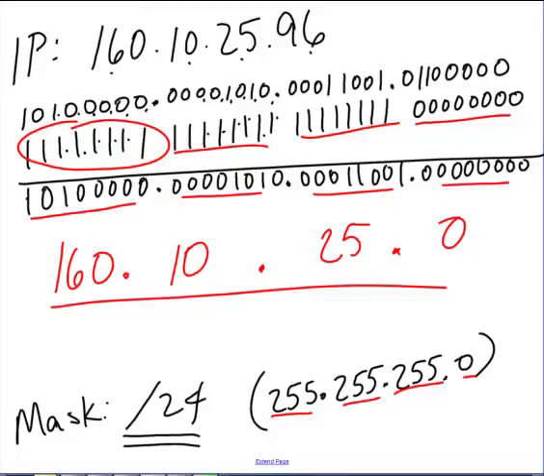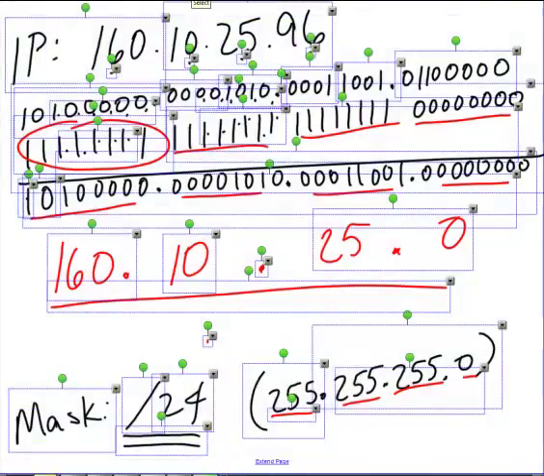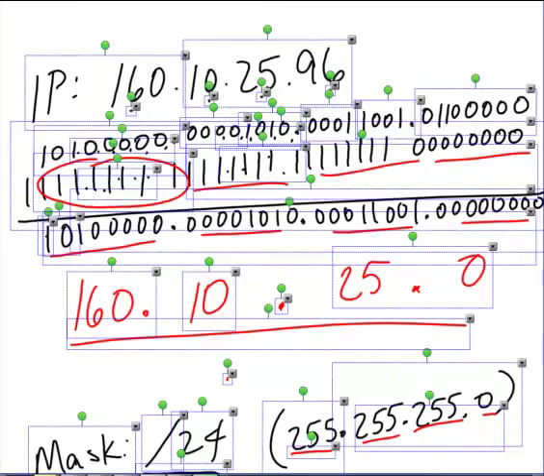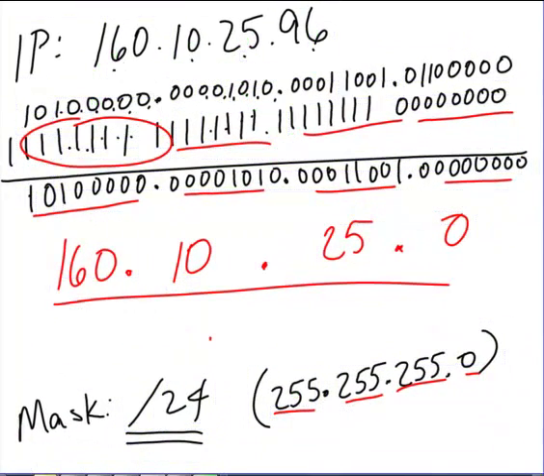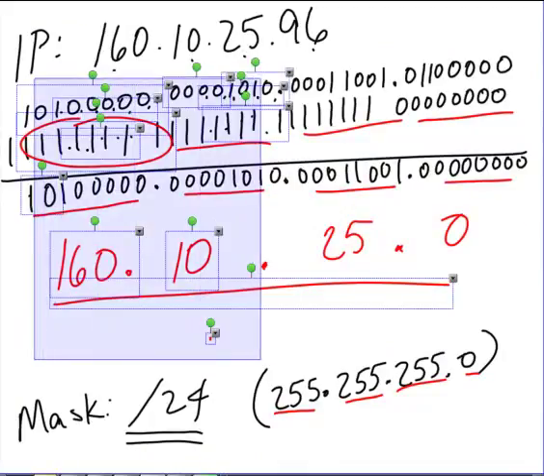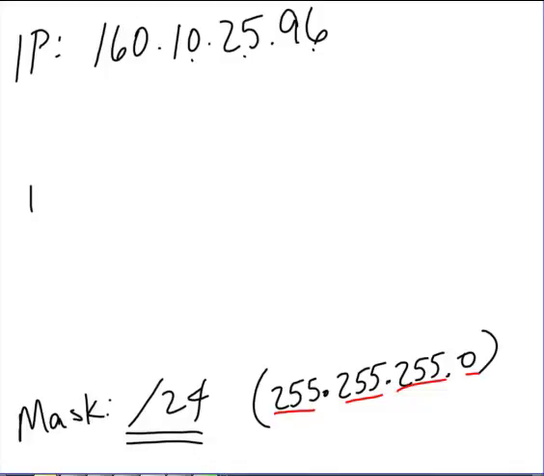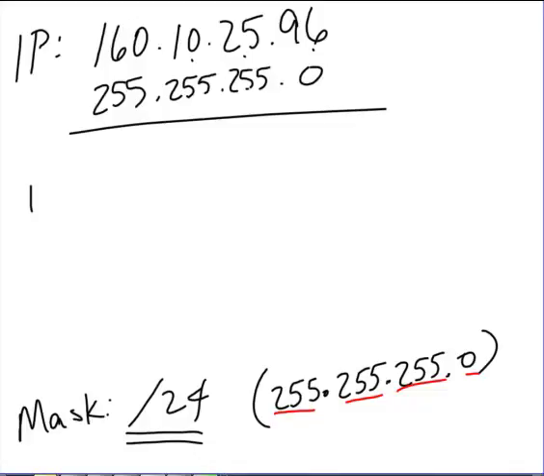In this particular case, we could have simply used our shortcut, which is to say, if we see a 255, we copy what's above it.